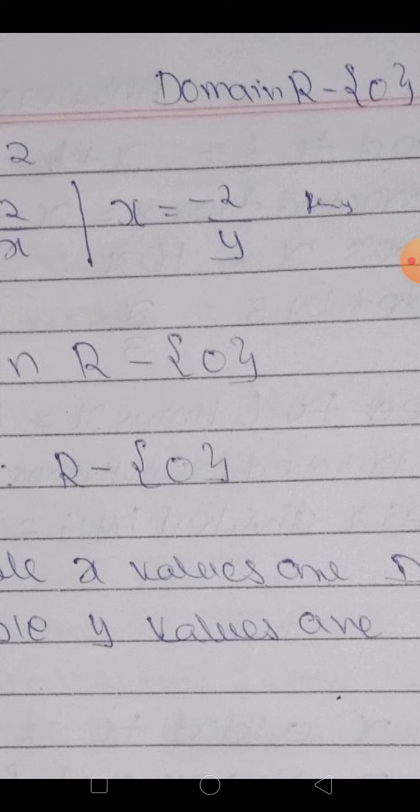To find the range, that denominator also cannot be 0, so y cannot be 0. y can be whatever, 1, 2, 3, 4, 5, 6, but not 0. If I put y equal to 0, it means infinity. So y can be all the real numbers except that 0 value.